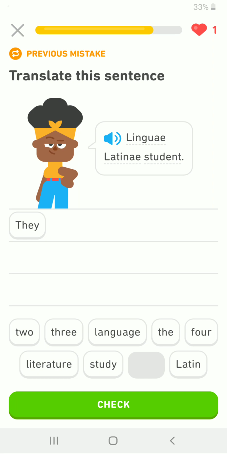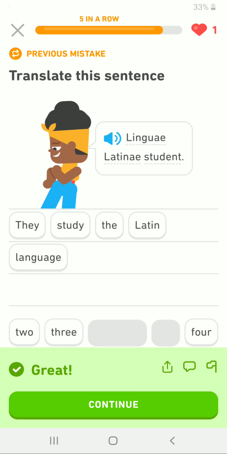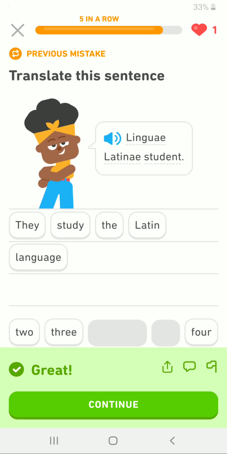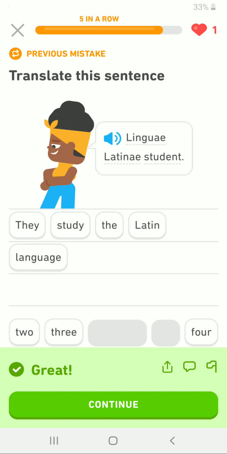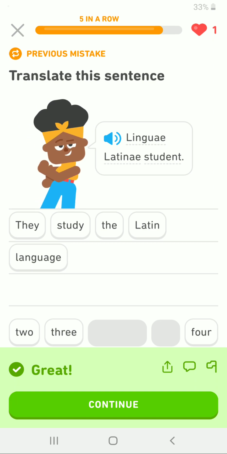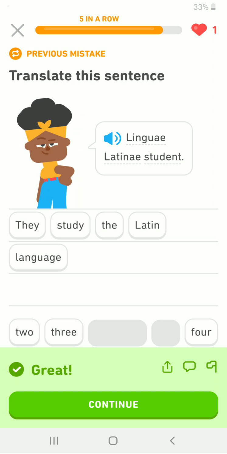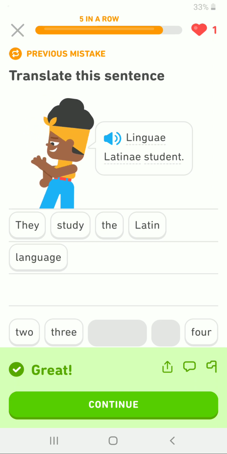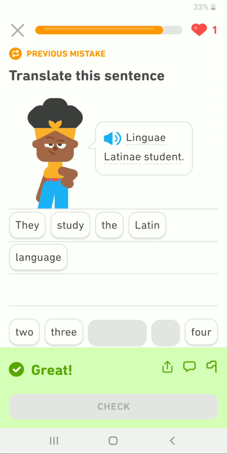They study the Latin language. It's just here it is linguae Latinae, and it is not plural. So that was my guess previously. So that's why I don't understand now. I don't understand why. Yeah. Let's move on. We will see.